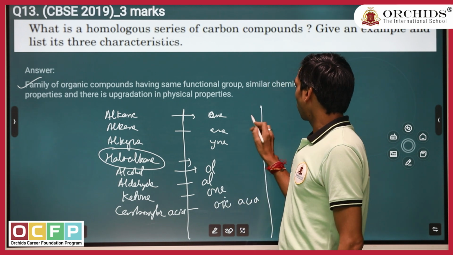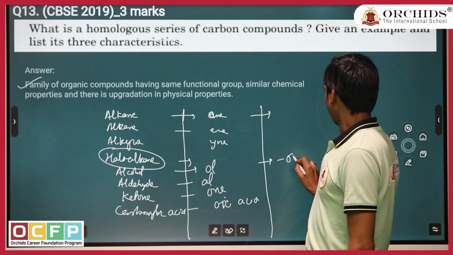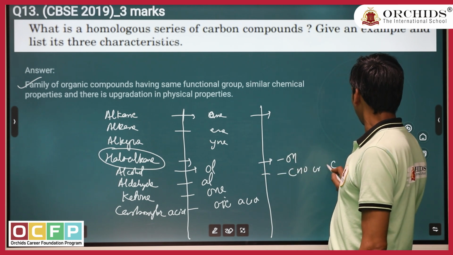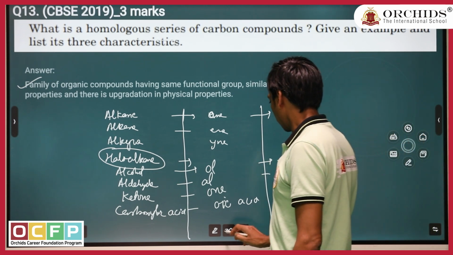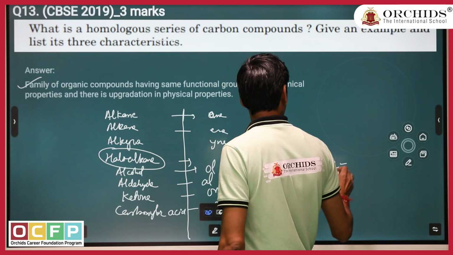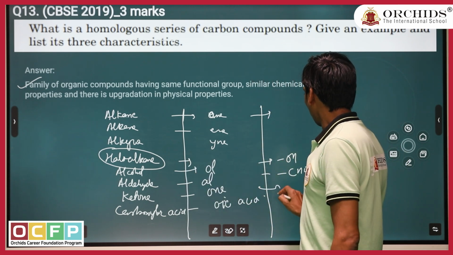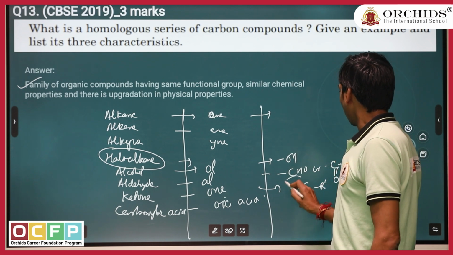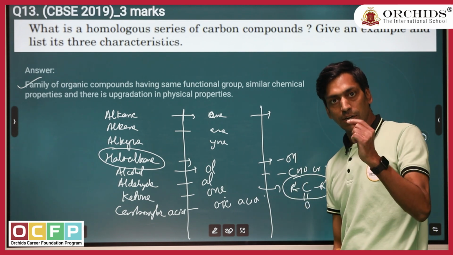If we talk about their functional groups, in the case of alcohol it is OH. Aldehyde has CHO, which is also written as C double bond O and H. Ketone is written as C double bond O, and here an alkyl group will come on both sides, meaning it should have at least one carbon atom on each side.